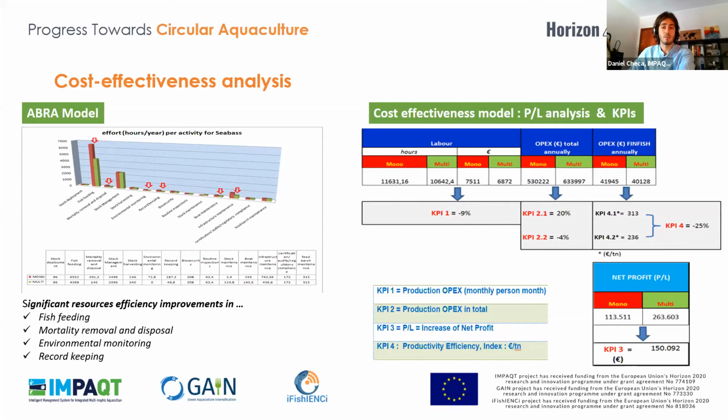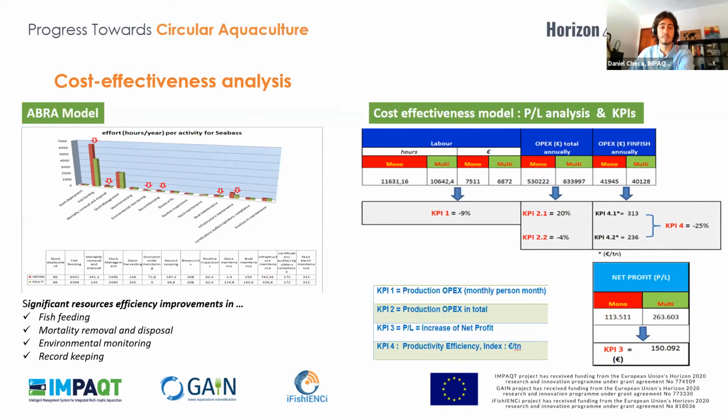But when focusing on the ABRA model results, as you can see on the left side of the slide, the significant resource efficiency improvements are in the fish feeding, the mortality removal and disposal, the environmental monitoring, and the record keeping to trace the conditions of the production and the cultivation.